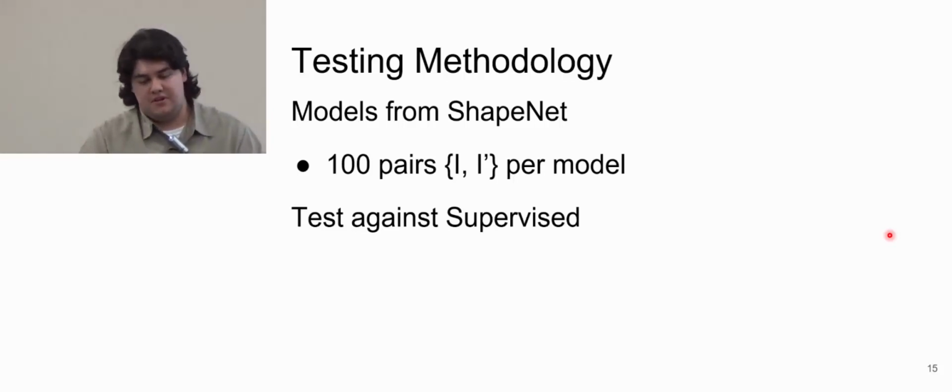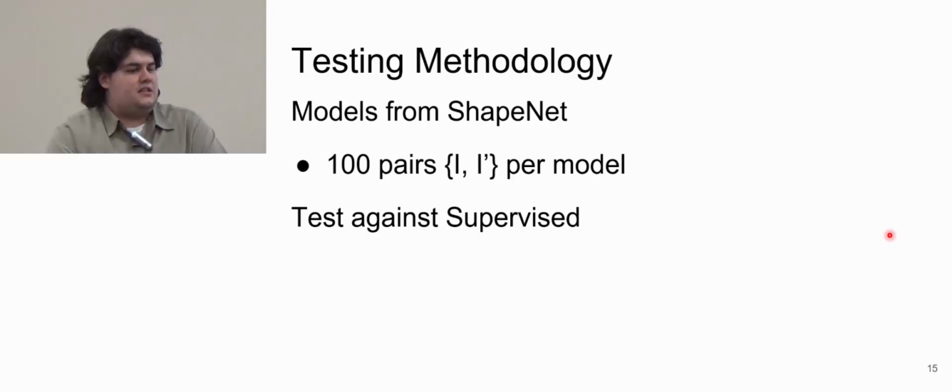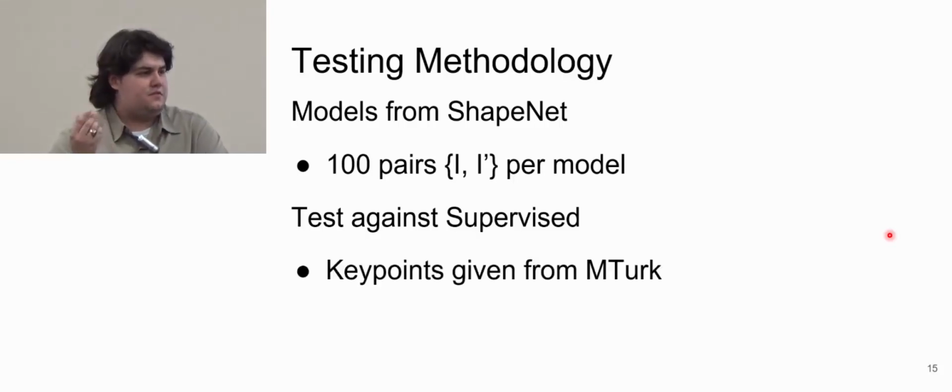And basically what they did for their evaluation scheme is they compared against a supervised method. So in order to do this, they sent 3 of their classes, which I believe were the car, the chair, and the plane classes, to Amazon Mechanical Turk. They had 3 different people select key points.